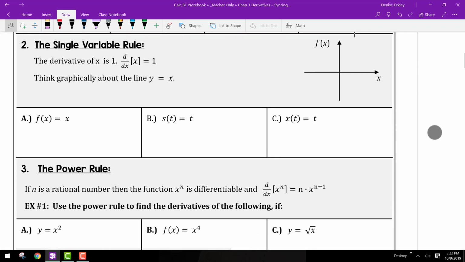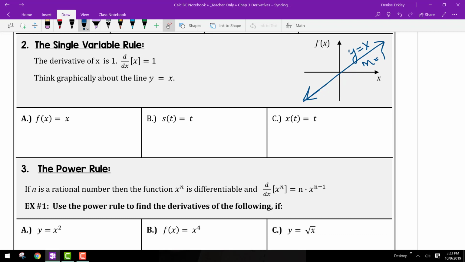Okay, so now, building on that, what if our function is x? We have the line y equals x. So that is this line right here. The slope of that is 1. So our identity line has a slope of 1.